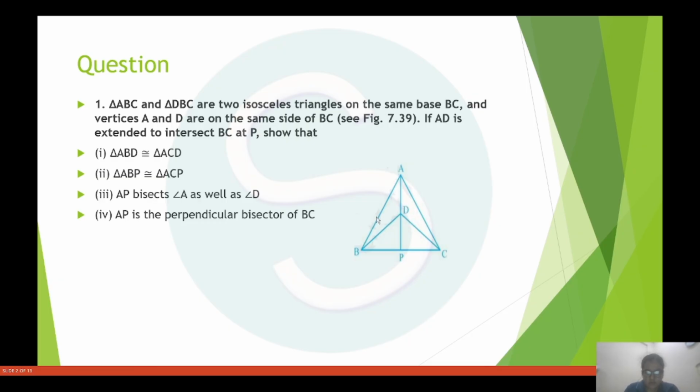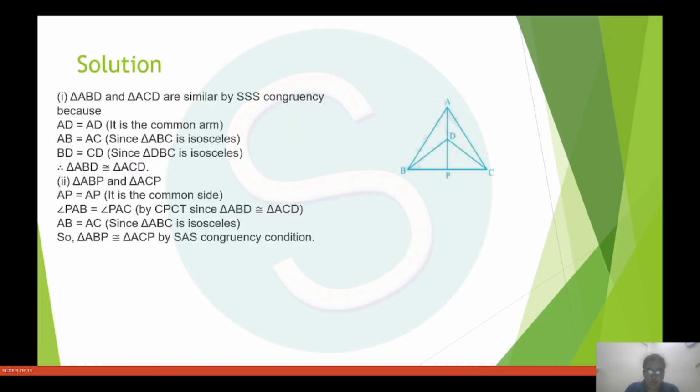And given क्या है हमें कि ABC और DBC दो isosceles triangles हैं, which means कि in triangle ABC, AB is equals to AC, and in triangle DBC, BD is equals to CD because they are isosceles, which means two sides are equal.